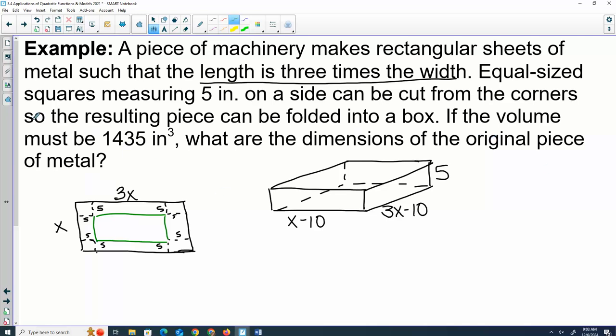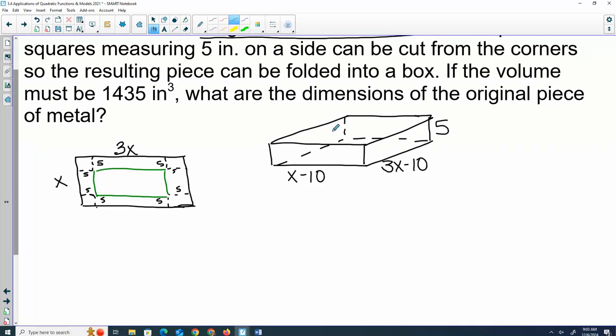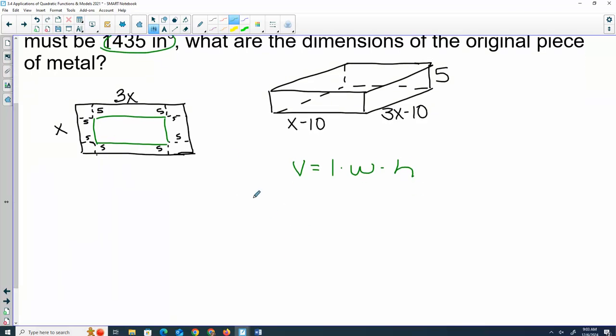If the volume, how do you find volume of a box? The length times width times height. The volume is 1,435 cubic inches.